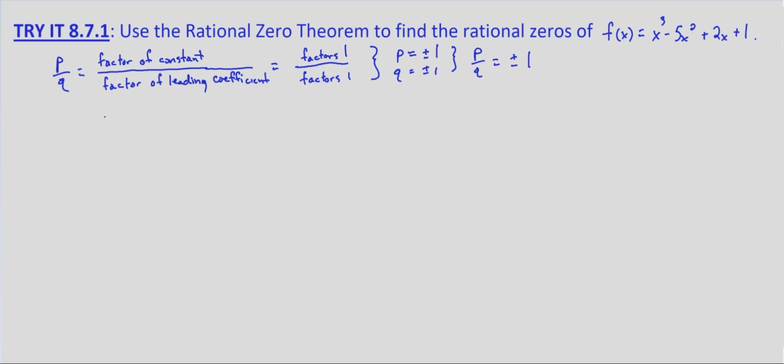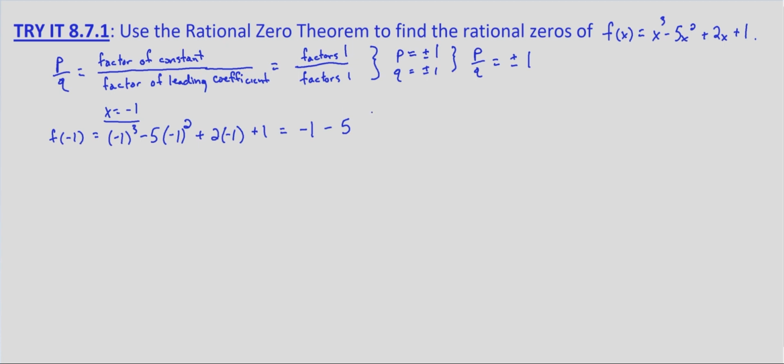So we'll start with x equals negative 1. So f of negative 1 equals negative 1 cubed minus 5 times negative 1 squared plus 2 times negative 1 plus 1, which equals negative 1 cubed is negative 1, minus negative 1 squared is just 1, so this is just going to be minus 5.